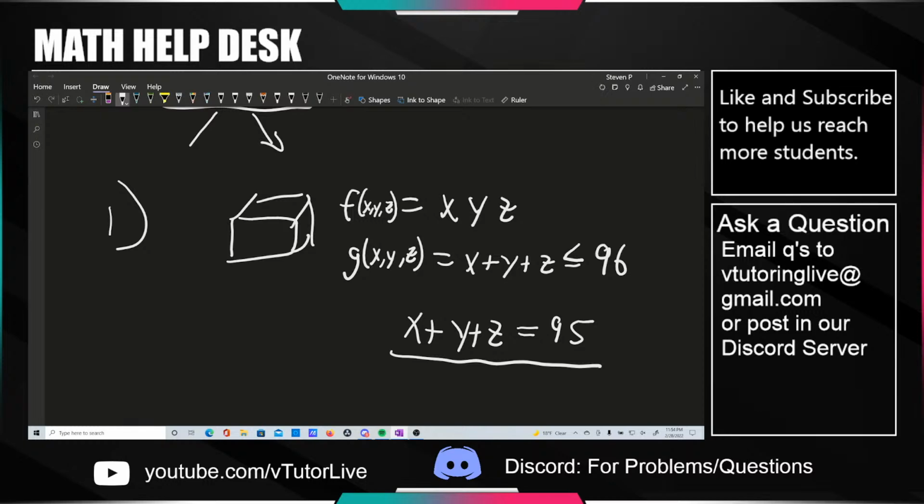Well, not really, because if this is not quite equal to 96 and you've got an inch left to spare, just take one of these dimensions, x or y or z, it doesn't really matter, and crank one of them up by an extra 1. And that will only make the volume get bigger, or at least it will stay the same. It's not going to make it any smaller, basically.